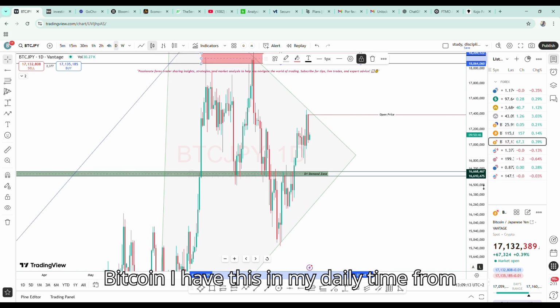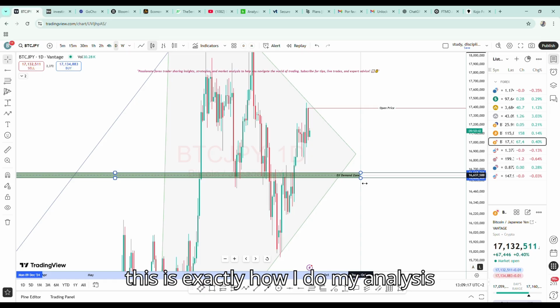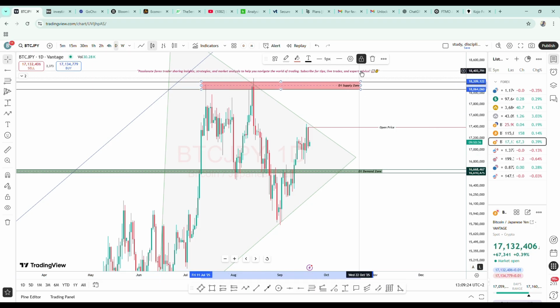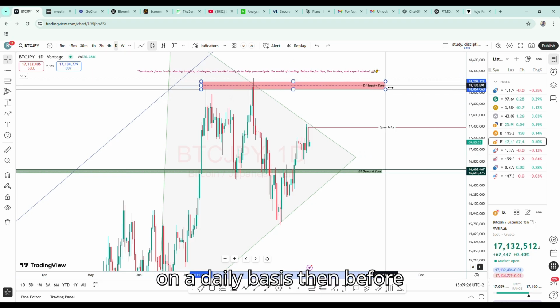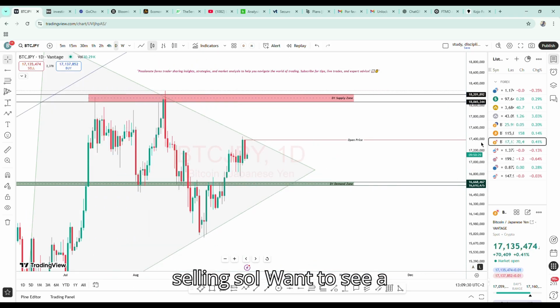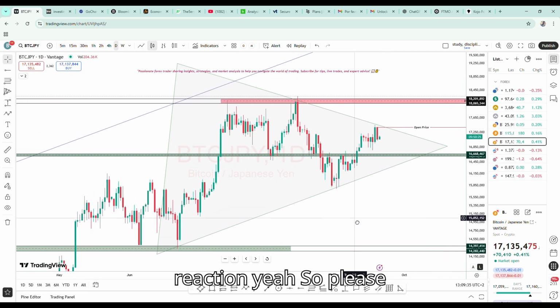This is my daily time frame support zone. This is exactly how I do my analysis and how I draw my trend line on a daily basis, before deciding whether I'm buying or selling. So I want to see a good reaction, guys, on this thing here.